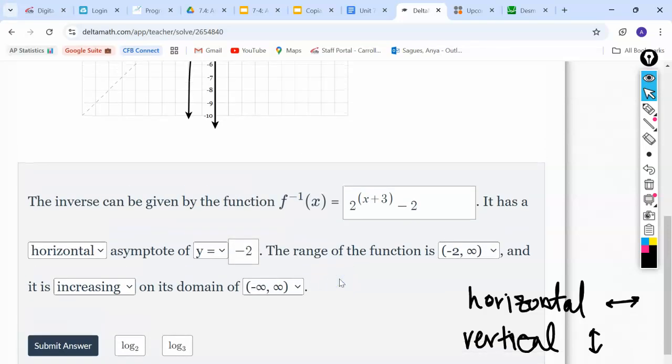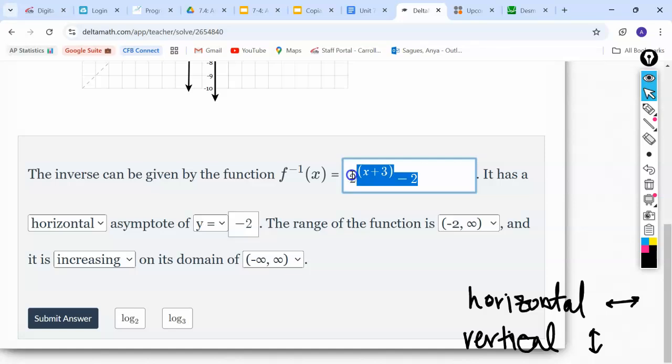So you're going to want to check. It is going to be different if this has a log in it. Logs have vertical asymptotes at x equals whatever number it stops at. The range for a logarithmic function is the opposite.